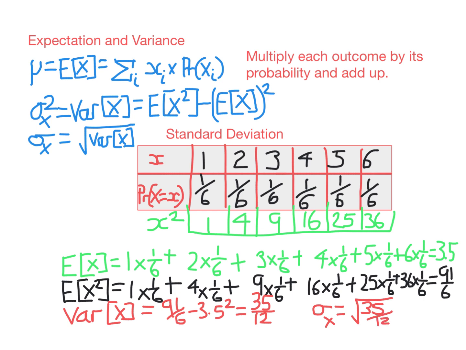And putting that on our calculator, we get about 1.71. So this is another reason the variance has to be positive, because we're square rooting it to find the standard deviation, and we can't square root a negative number. So remember, the standard deviation is supposed to tell us the average distance from the mean, in this case 3.5.